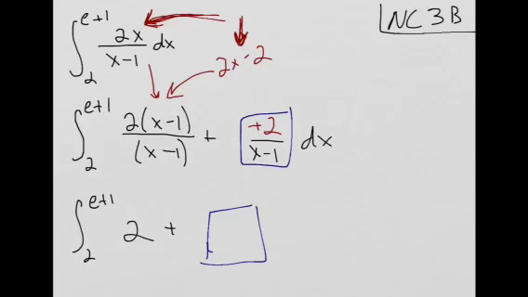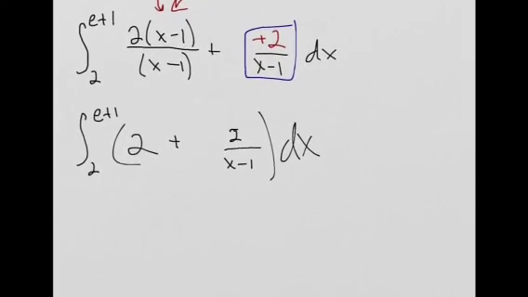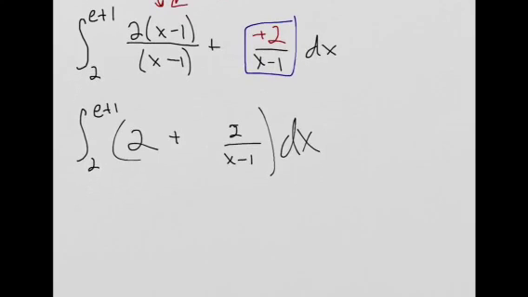So inside my box I get 2 over x minus 1. I'm actually going to rewrite that like that. So from here, if I asked you to integrate these two individually, it would be pretty easy.